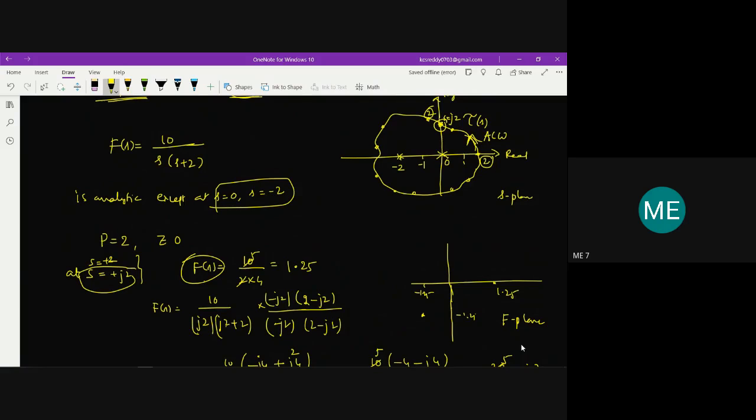So the s plane and f plane are going to be a mirror image. If I join these points and plot all of them, it gives a clockwise direction. For all the values, if I calculate like this, then it is giving in this direction.